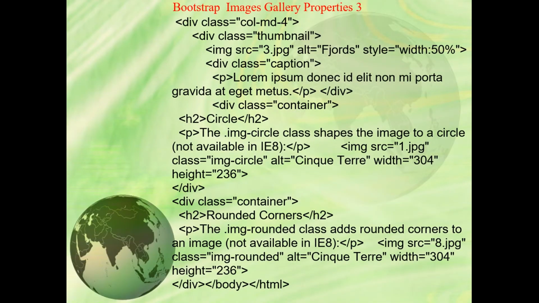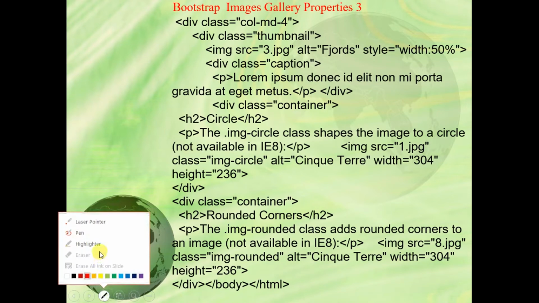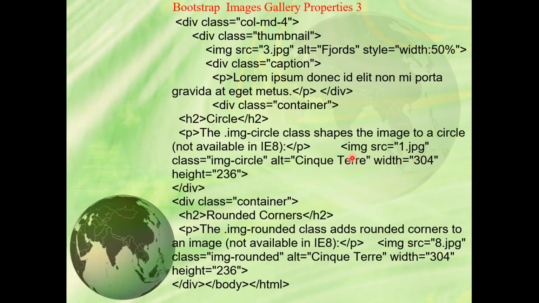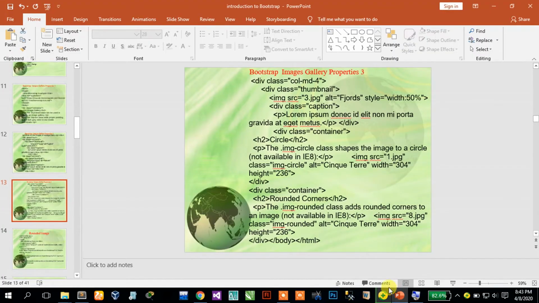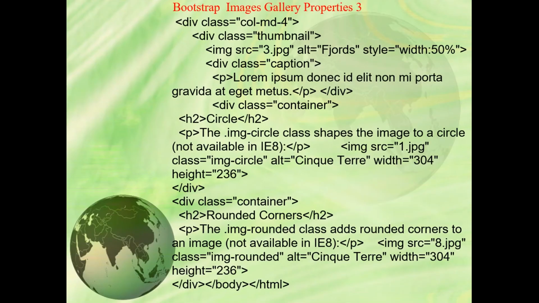Okay, this one you can see here. And class is equal to img-circle. Okay, img-circle into this style, and alt is equal to sync tab.